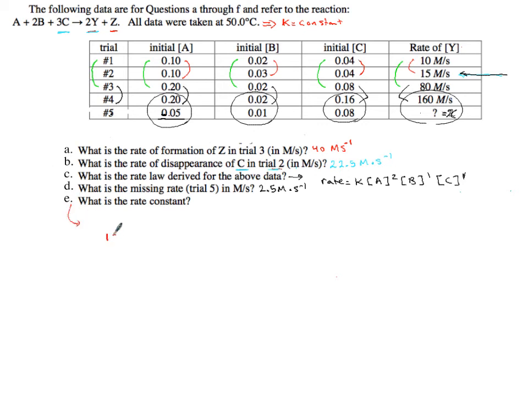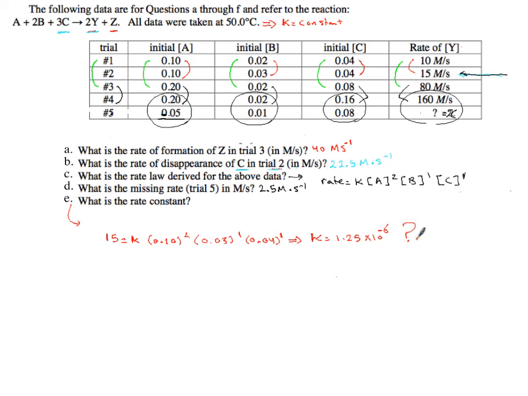So 15 is equal to k times 0.1 squared times 0.03 power 1 times 0.04 to power 1. And when you do the calculations and the divisions, k becomes 1.25 times 10 to minus 6.